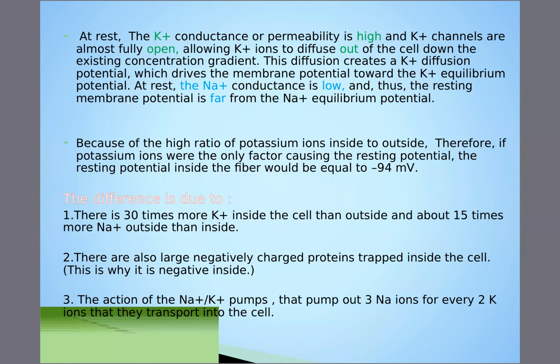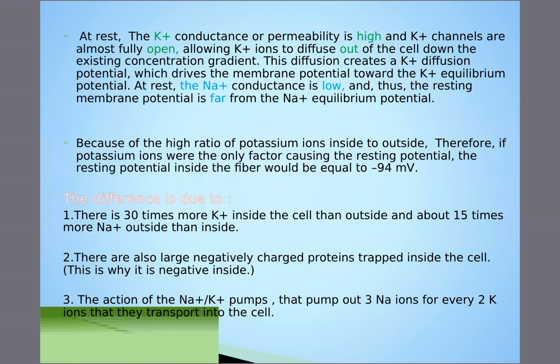Because of the high ratio of potassium ions inside to outside, if potassium ions were the only factor causing the resting potential, the resting potential inside the nerve fiber would be about minus 94 millivolt. So during rest the potential depends on potassium, so the level is about minus 94.